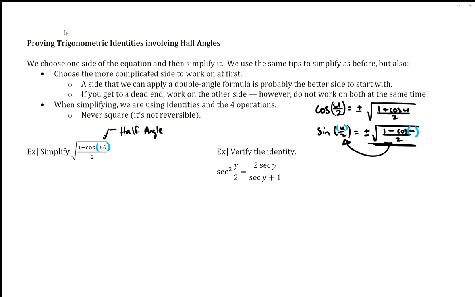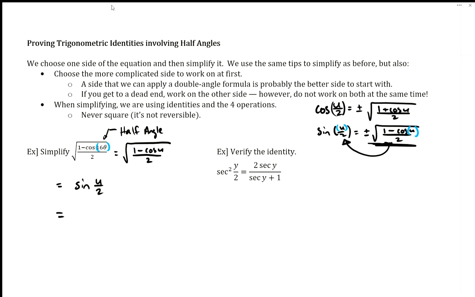So when we rewrite it, we can even write next to it 1 minus cosine of u over 2. On this one there is no plus and minus, so it's automatically the positive. Going right to left, this is the sine of u over 2.